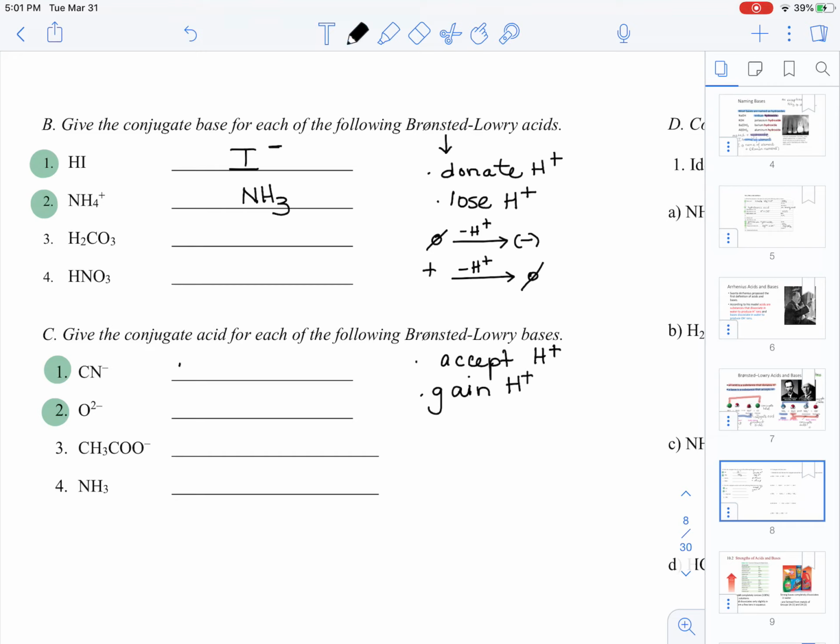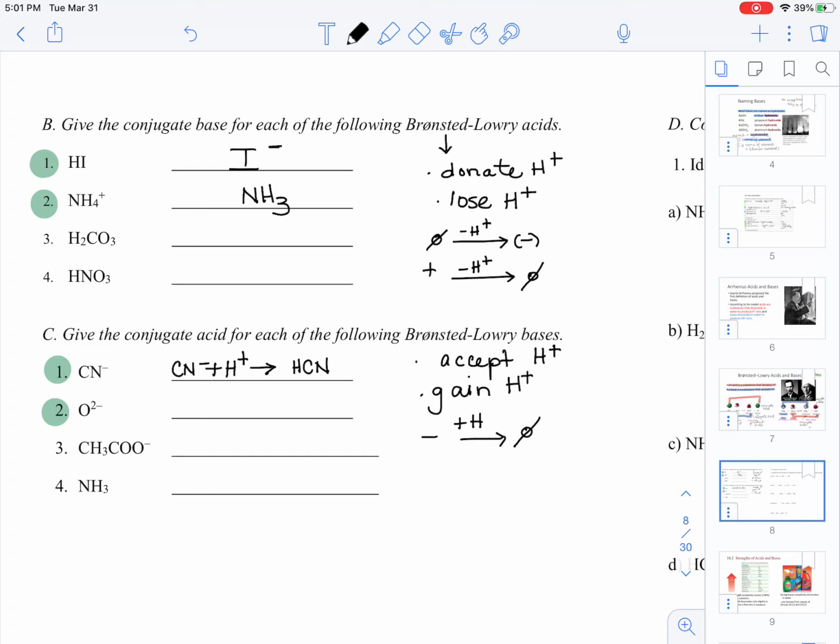If we have CN minus, and it is going to gain an H plus, then the overall formula now is going to be HCN. I should specify that if your Bronsted-Lowry base starts at negative and you gain a proton, then it is going to be now neutral. That's why HCN doesn't have a charge.